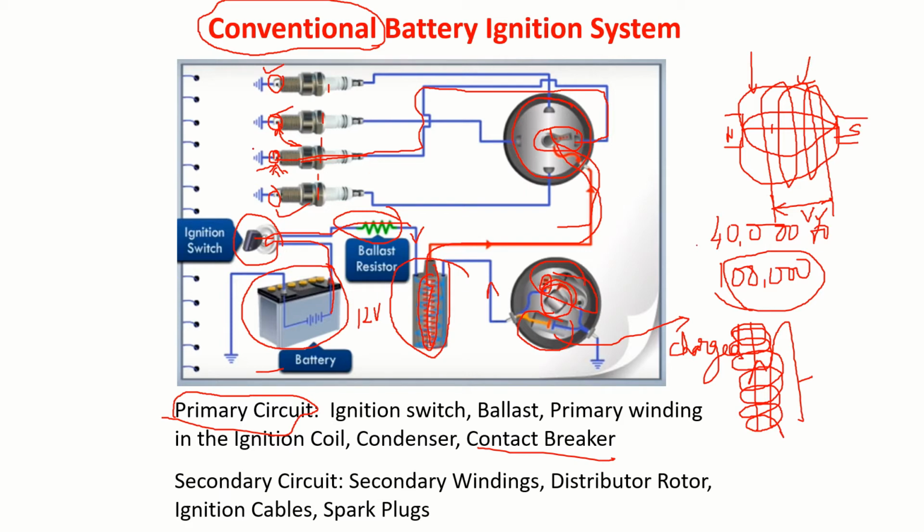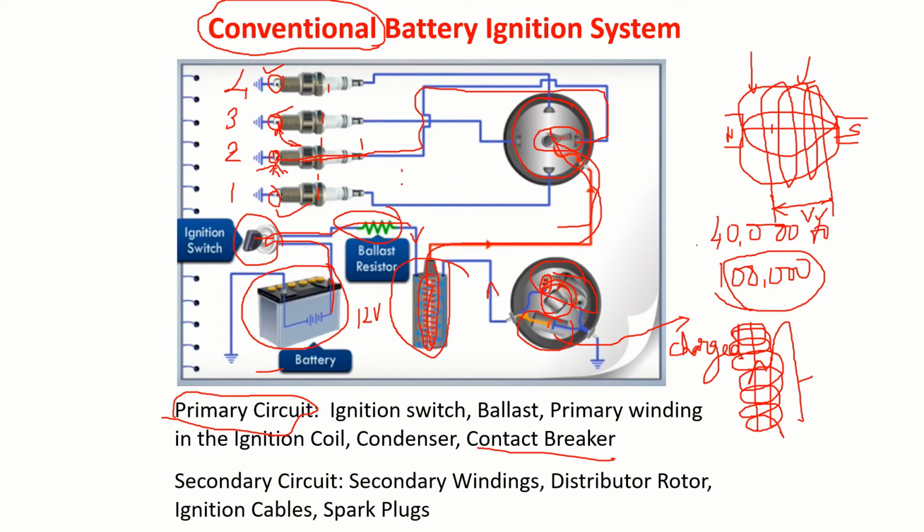It may fire first 2, maybe 1, maybe 3, and 4 in that order. So it is not first, second, third, fourth in sequence like this. First 2, then 1, 3, 4; that way it might get fired.